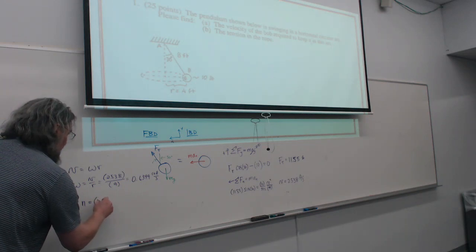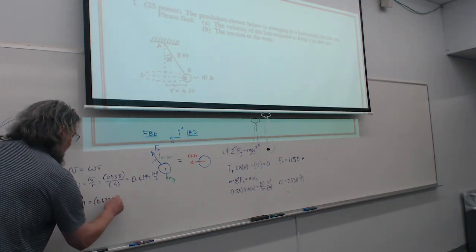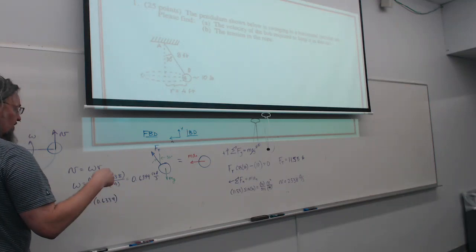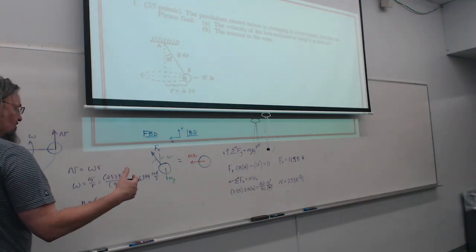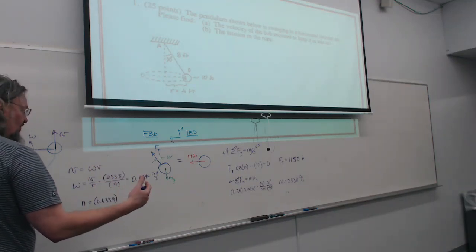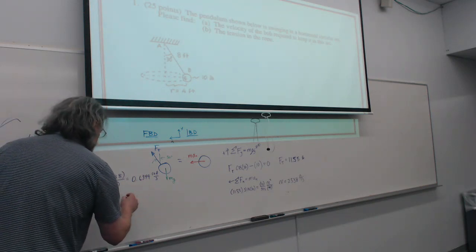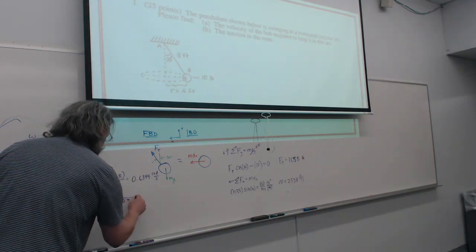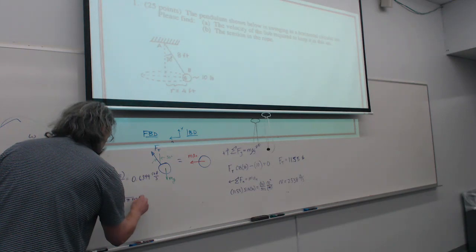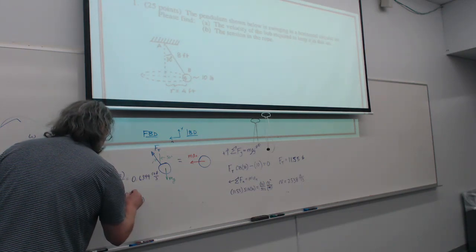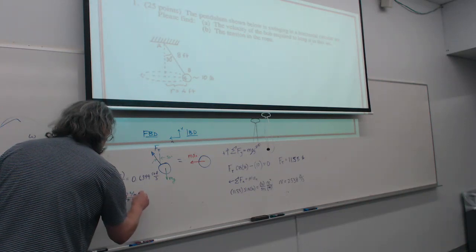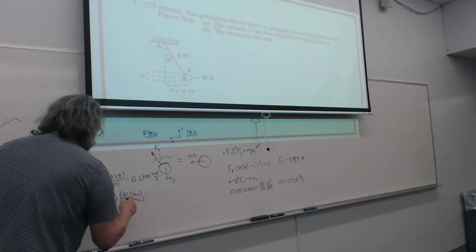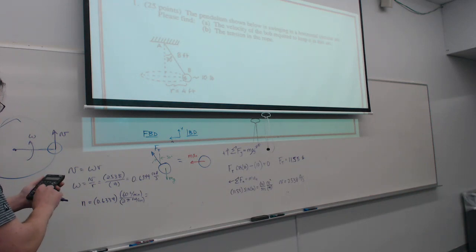So we take 0.6344, and there are 2 pi radians per revolution, and we want revolutions, so we divide by 2 pi to get revolutions per second. Then we want 60 seconds per minute right there. So that's going to get us something larger than 1.